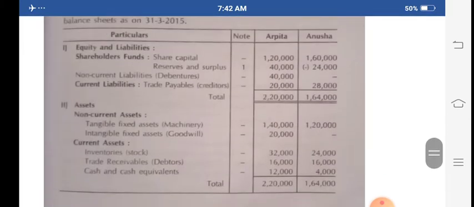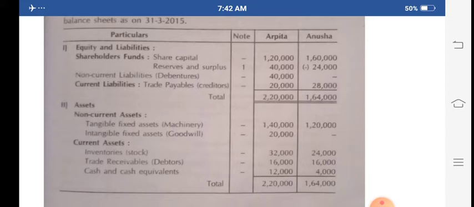In the balance sheet, under equity and liabilities, share capital is not a liability, and reserves and surplus are also not liabilities. Debentures are a long term liability, but no value is given in the balance sheet. Next, current liabilities, trade payables, meaning the creditors, amount to rupees 28,000.